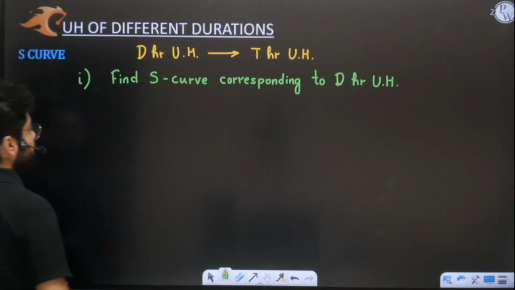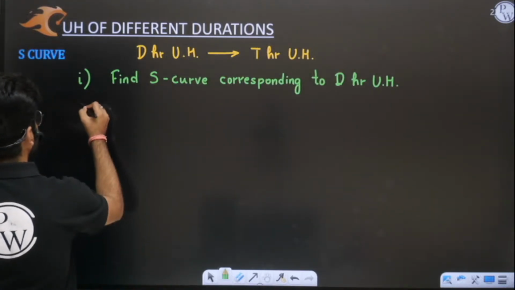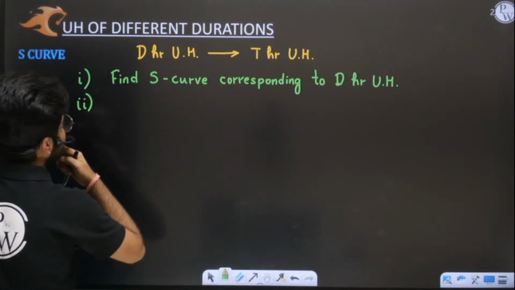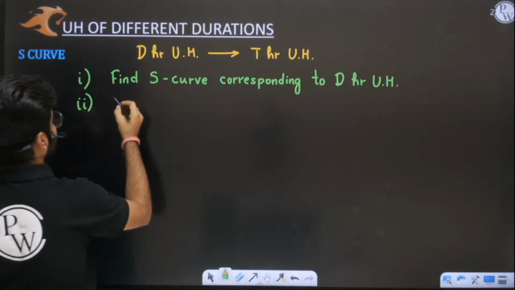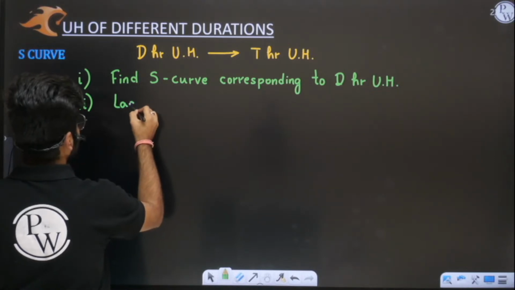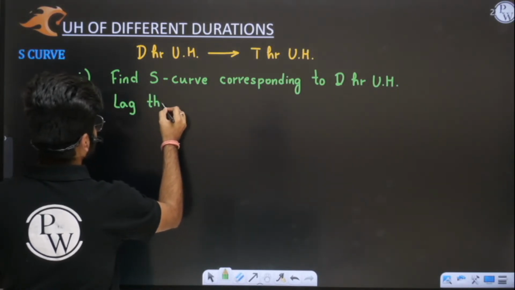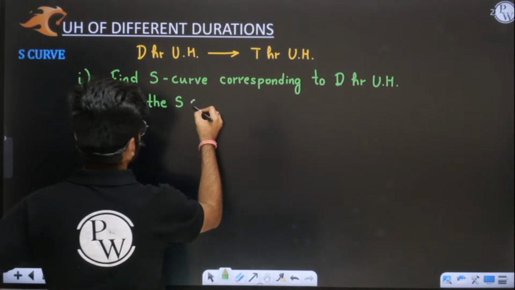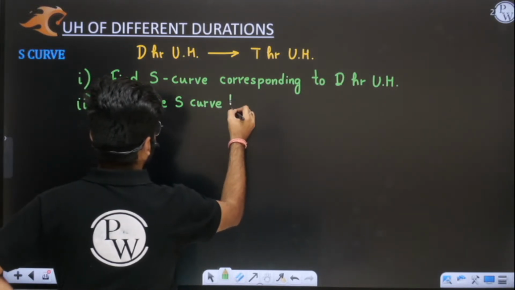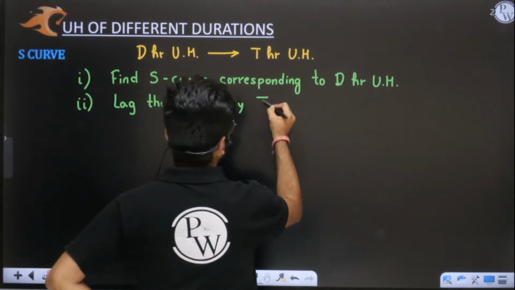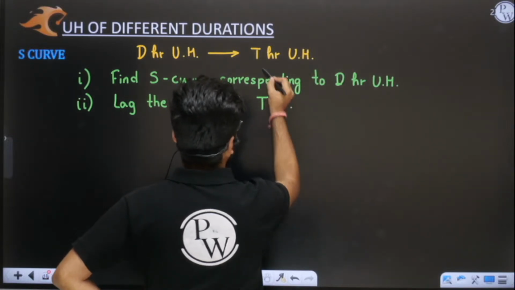So this is my S1. Now, sir, what is the second step? The second step is we have to lag this S curve by T R duration.